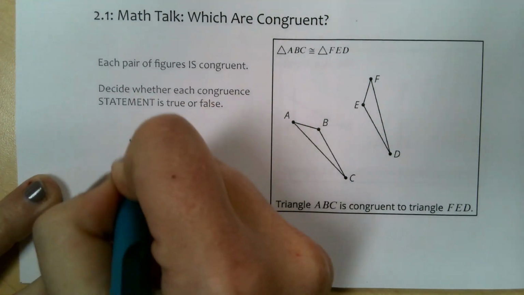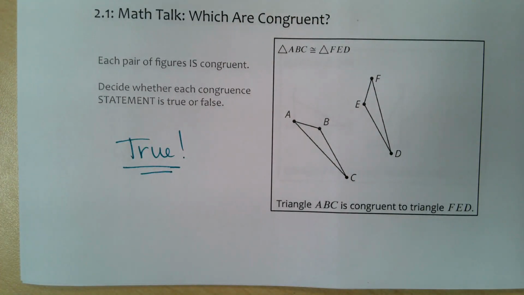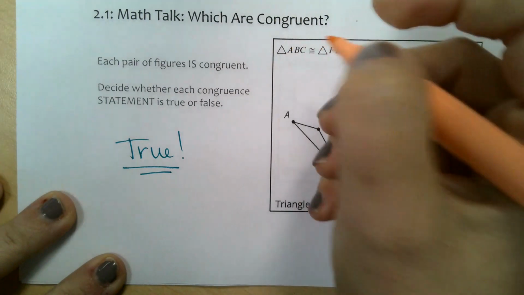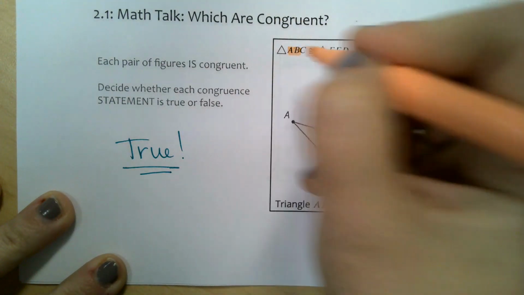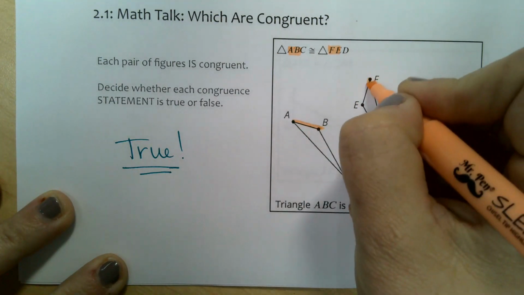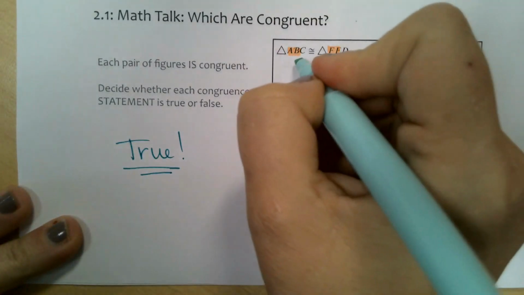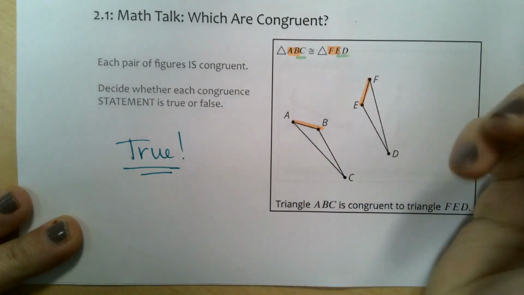All right, so hopefully you said true. And here is how we can do it. You guys know me, I am a big fan of color. So I like to use my color. Right here, I have AB and FE. If I look at my images, are those the corresponding pieces? And they are indeed. Then I have BC and ED.